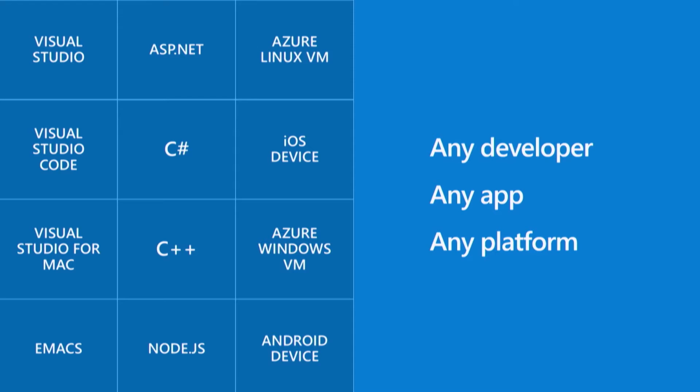So with Visual Studio, you've probably seen, if you've followed any of our other announcements, we're expanding the family a little bit. We have had Visual Studio as a core product for a good long while, but we're adding Visual Studio Code, and we're adding Visual Studio for the Mac. We announced that just a couple of weeks ago.